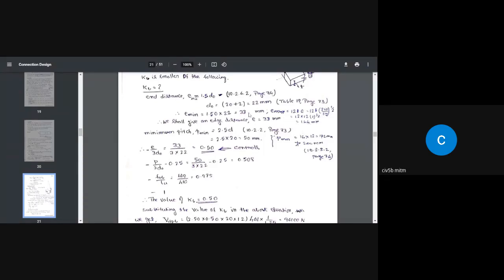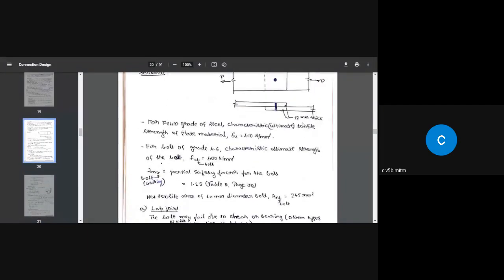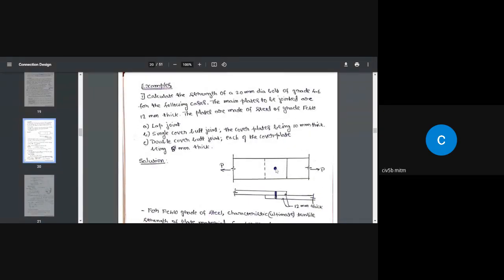What it means is e minimum is 33 millimeter and e maximum is 144 millimeter. So you can give an end distance from the center of the bolt to the edge a minimum of 33 millimeter and a maximum of 144 millimeter, and any value in between is okay.